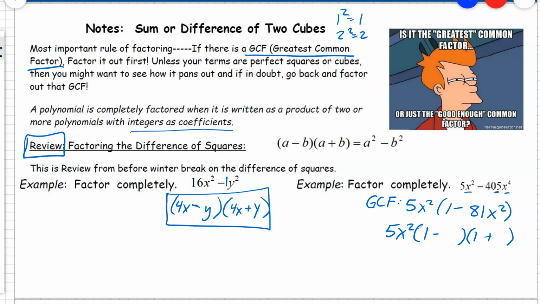We end up with 1 as our first term, and our second term is 9x. Because if I were to multiply this back out, I would end up with 1 times 1, which is 1, and then plus 9x minus 9x, and then negative 9x times positive 9x would give us negative 81x squared. All right, so that is fully factored. I cannot factor that any further.